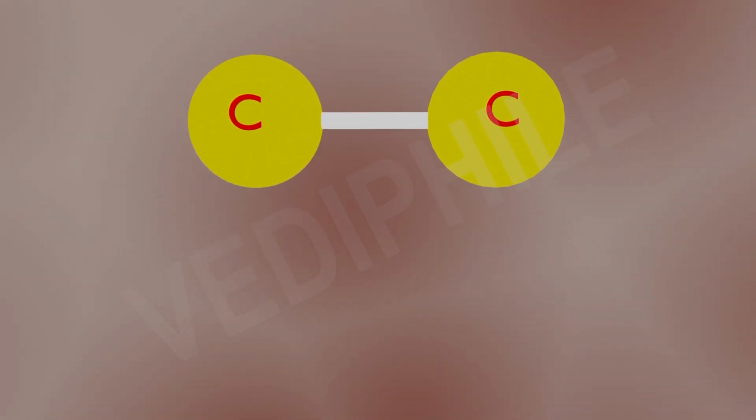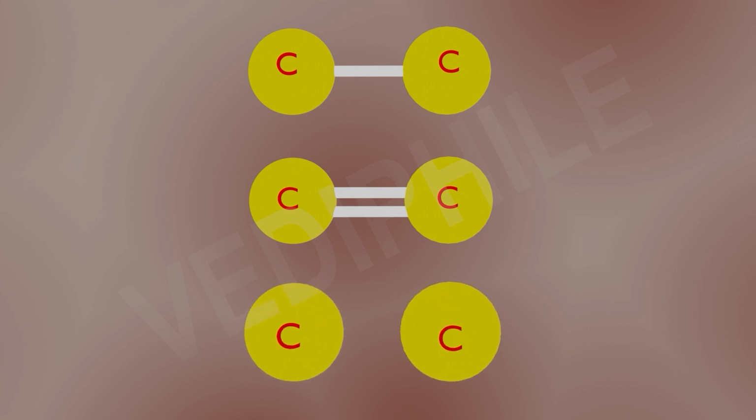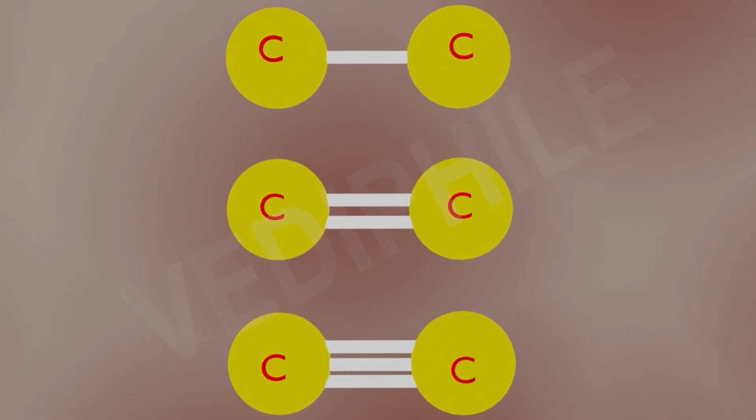Because of this, a carbon atom can form a double bond with another carbon. A carbon atom can form a triple bond with other carbon atoms.